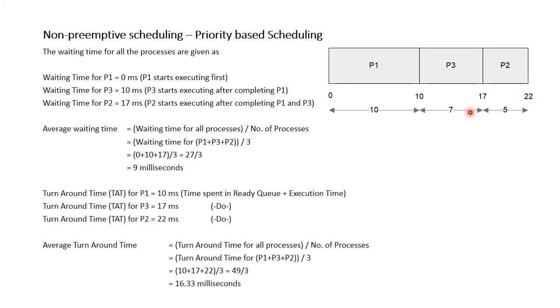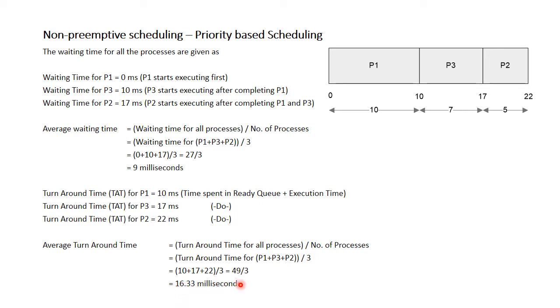So 10 plus 7 is 17, plus the execution time of P2, 5 milliseconds. So totally this will be 22 milliseconds. Then the average turnaround time is the turnaround time for all the processes, that is 10 plus 17 plus 22 milliseconds, divided by the number of processes, that is 3, and the result is 16.33 milliseconds.